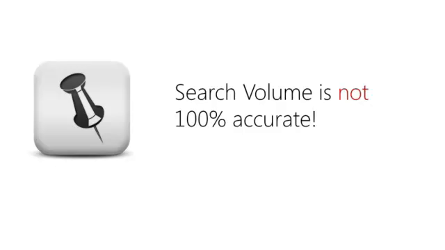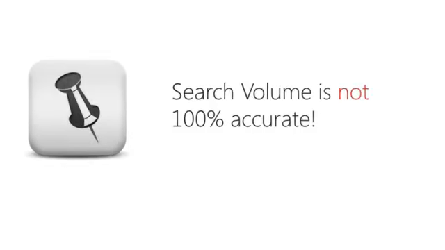Now, I added a bonus section where I talk about how you can find out the precise amount of searches something gets, but that's pretty advanced stuff, so I added that to the end of the training. With that, I think you already know enough about search volume. In fact, if you understand this match type stuff, then you already know more than the vast majority of people do about search volumes. And that concludes this first module on search volume.